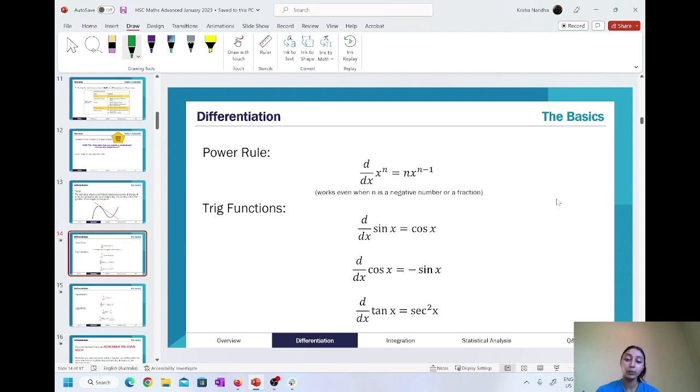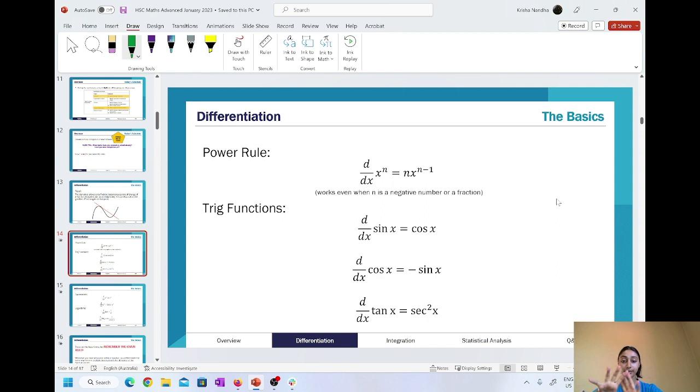Okay, then we have the differential of trig functions. I personally don't even remember what we went through last holidays, but I do remember a lot of you guys hadn't gone through trig differentiation. But yeah, I don't think I'll have enough time to draw the graph thing because I did that last time as well.